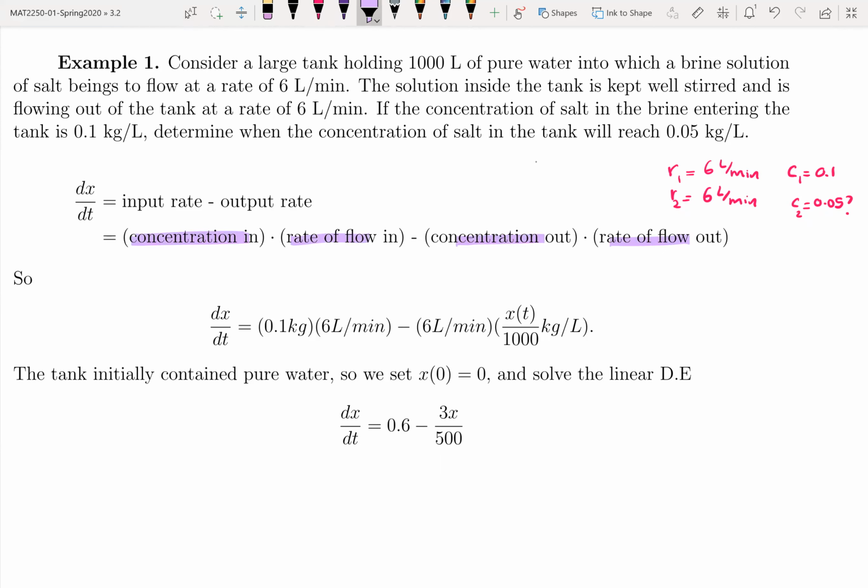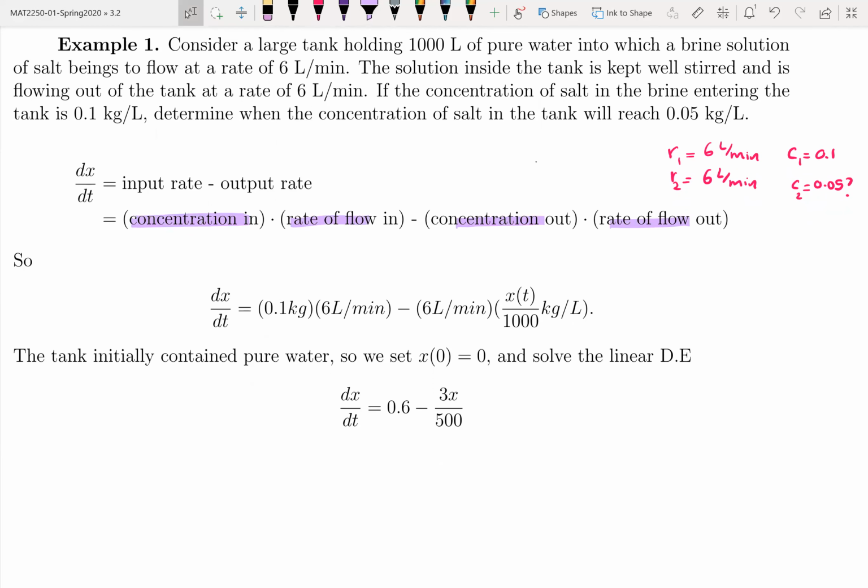So the information, as you see, 0.1 is the concentration in, multiplied by the rate, which was 6, and then the concentration out, I don't know, right? I don't know what the concentration out is. That's what the X is. But the rate out is 6 liters per minute, okay?